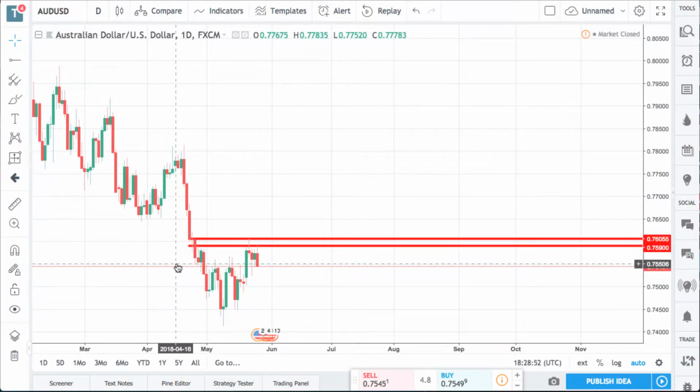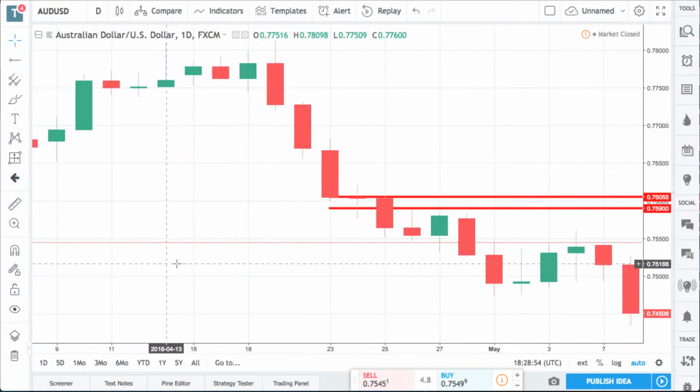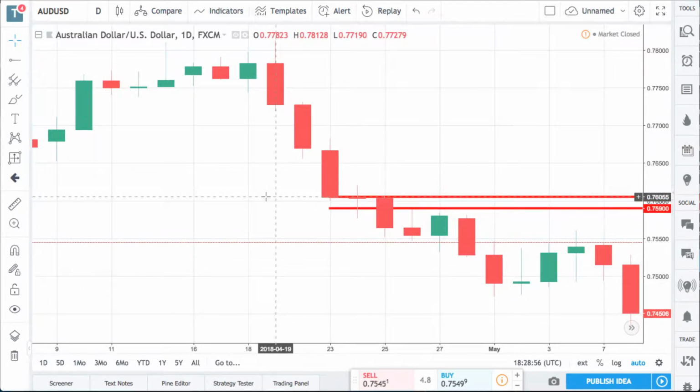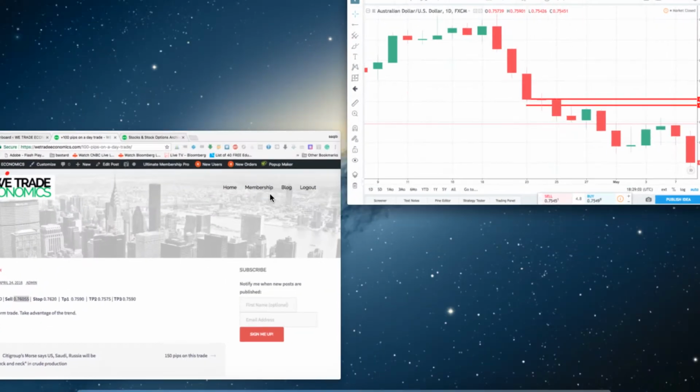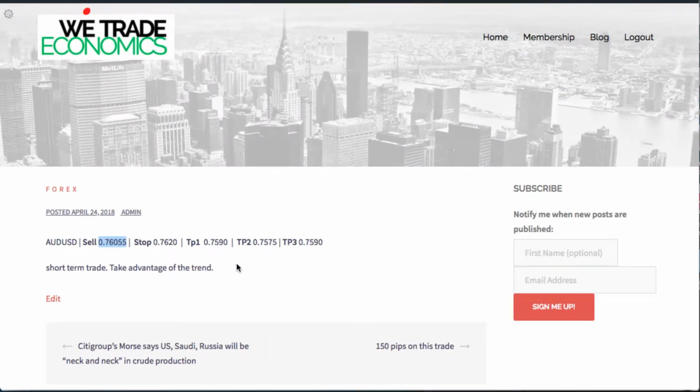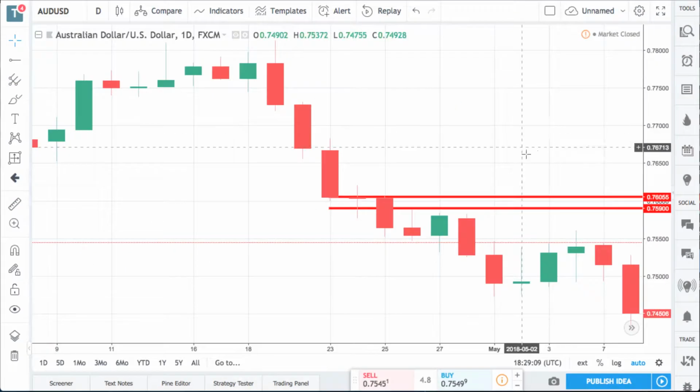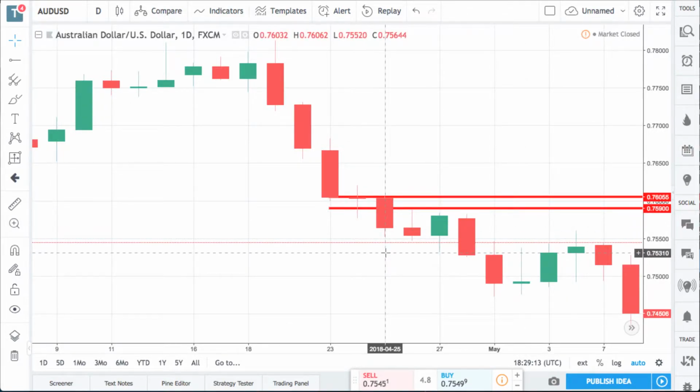You can clearly see that the entry was here and the target was here, and that was easily achieved. 76050, 75900, the target was easily achieved.